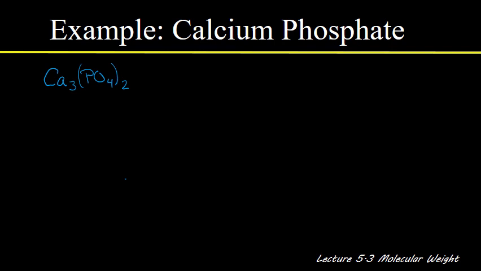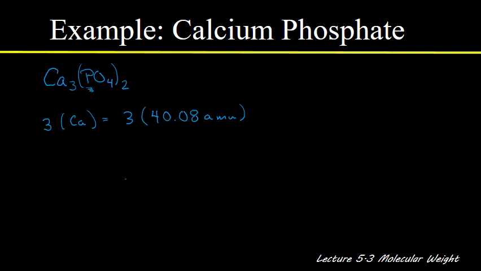So the calcium's pretty easy. There are 3 calciums, and if you look at your periodic table, the average atomic weight for calcium is 40.08 AMU. Now we get to the phosphoruses.